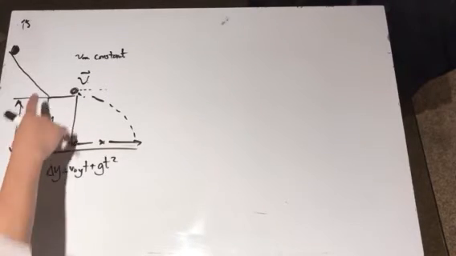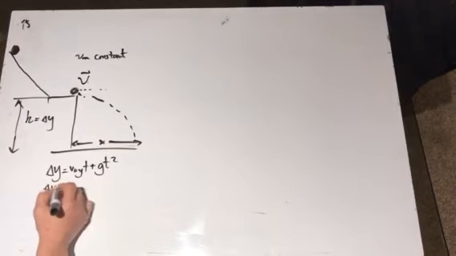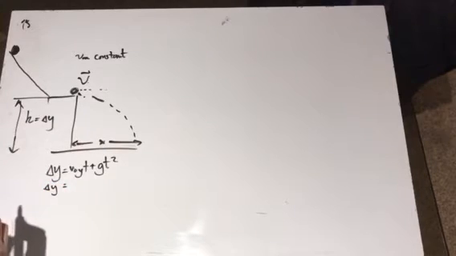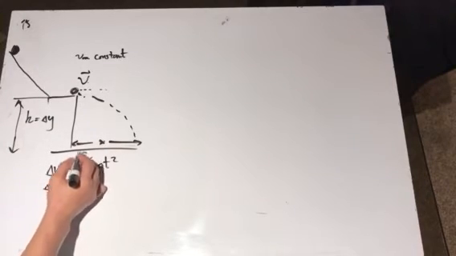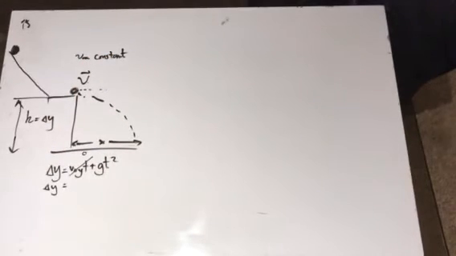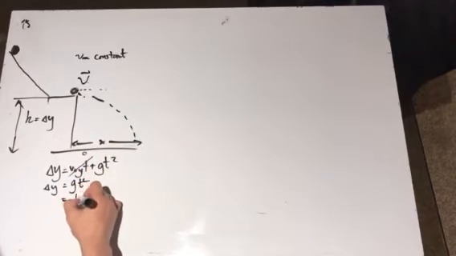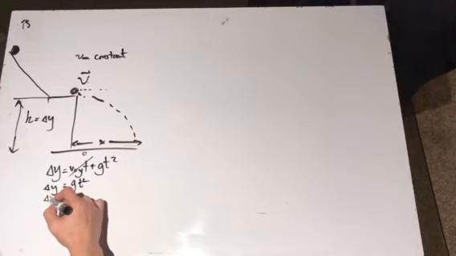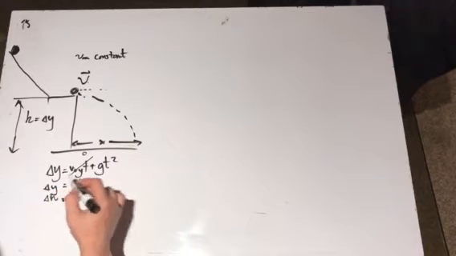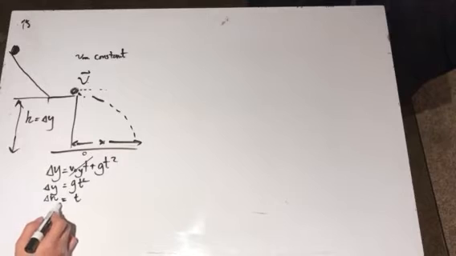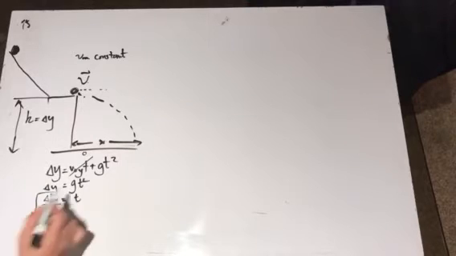We know the height, which is delta y. The velocity in the y direction is 0 because there's no motion going up and down in the y plane. So you have delta y equals 1/2 g t squared, and you're solving for t, pretty easy. I'm going to replace delta y with delta h, so t is the square root of 2 delta h divided by g. That should give me my time.